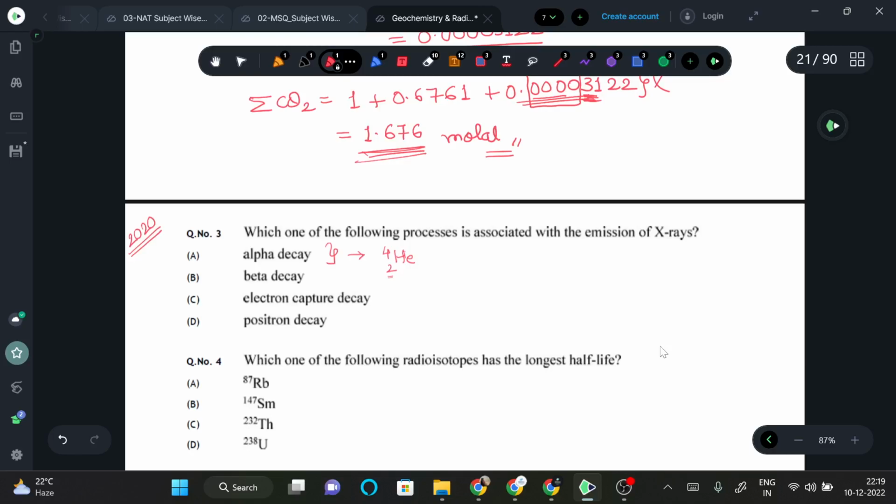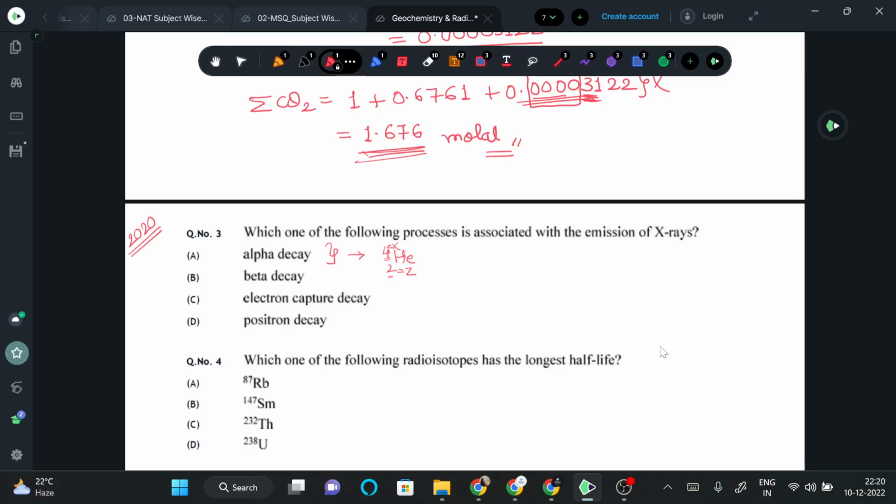Z is the atomic number and X is the mass number 4. We represent these two by Z and X. So alpha decay releases an alpha particle generally.